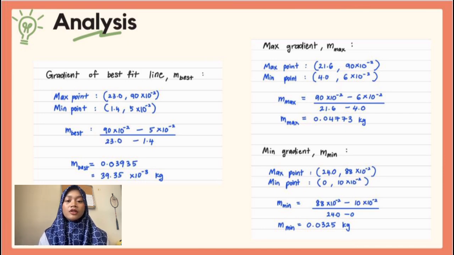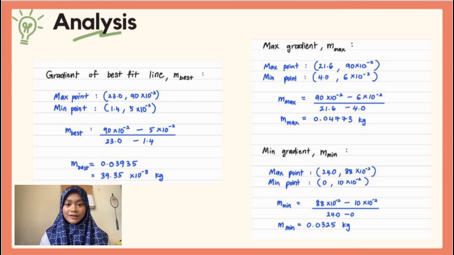And then we take the maximum and minimum point values and put them into the gradient formula. We get that the gradient of maximum is 0.04773 kilogram.